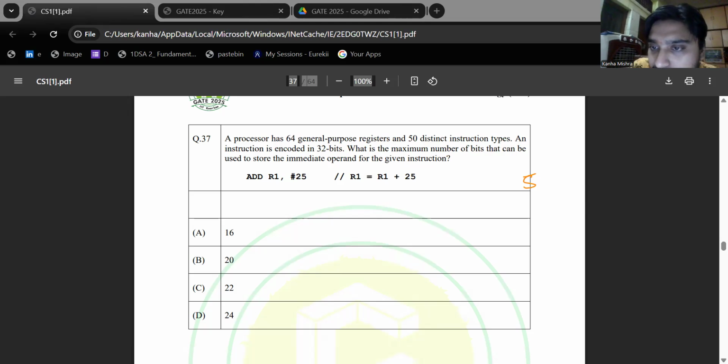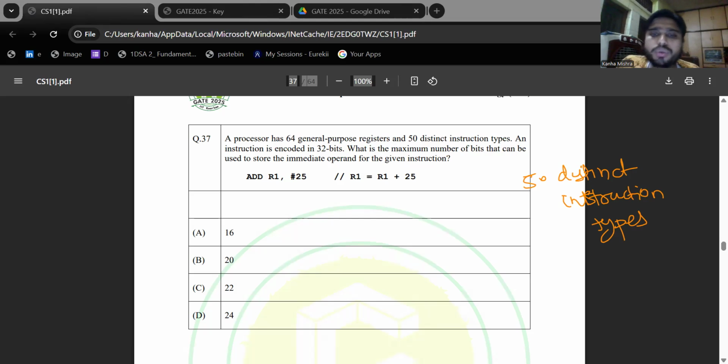So we are given 50 distinct instruction types. To encode 50 instruction types, how many bits do we need? The minimum number of bits x is such that 2 to the power x is greater than or equal to 50.